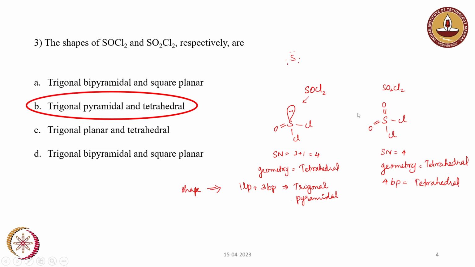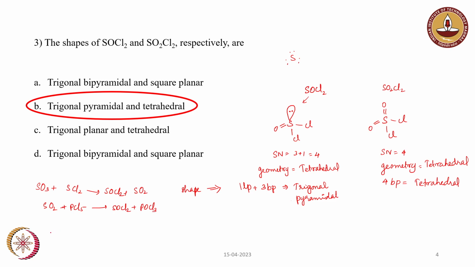And the synthesis methods for SOCl2 and SO2Cl2 are as follows. For SOCl2, SO3 reacting with SCl2 will give SOCl2 plus SO2, and SO2 with PCl5 will give SOCl2 and POCl3.